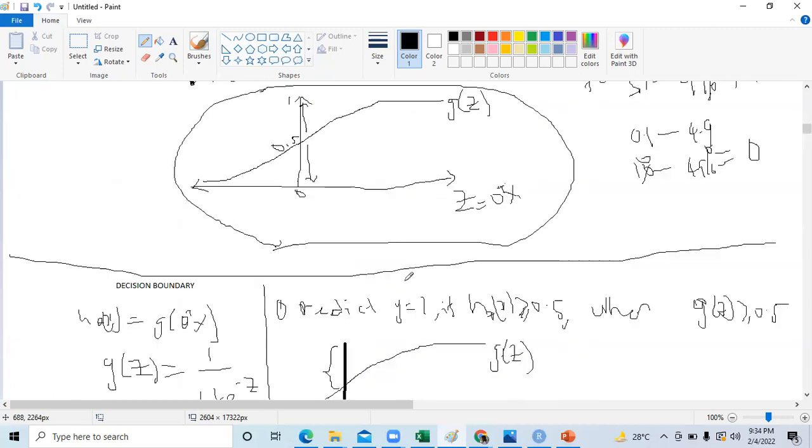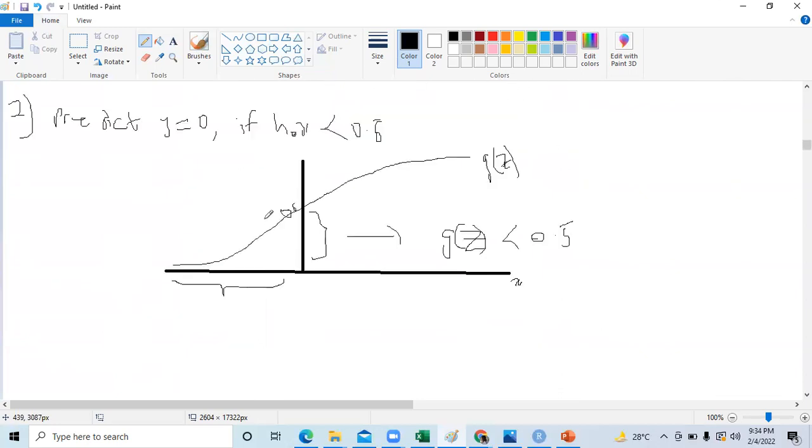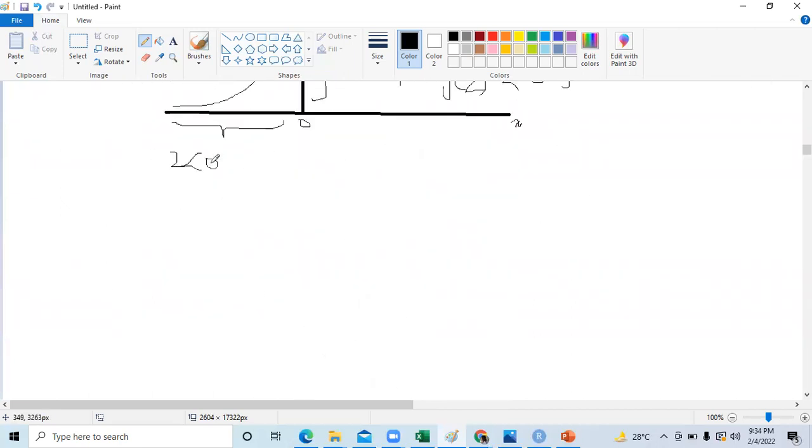This is just so that you don't think all this g of z is just nonsense. So I need to show you on the graph. If g of z is less than 0.5, then our z is going to be also less than 0. This is 0. Here our z was greater than 0, so our z here will be less than 0.